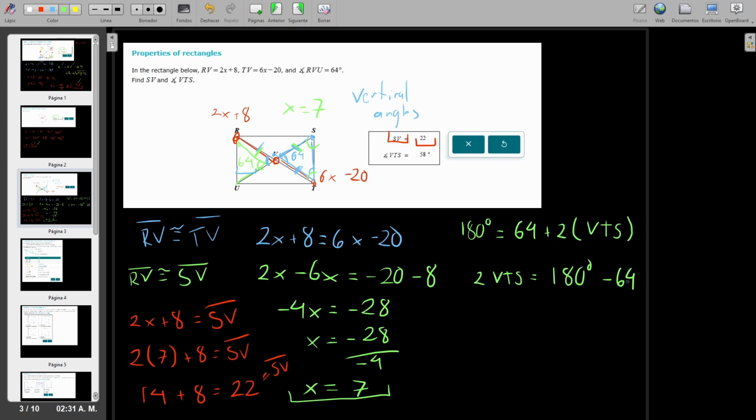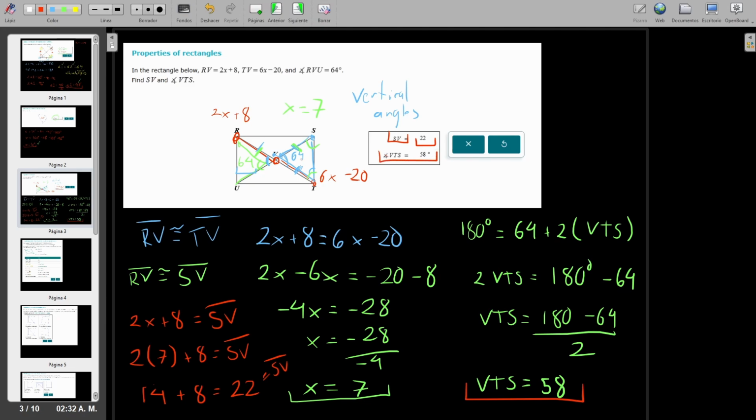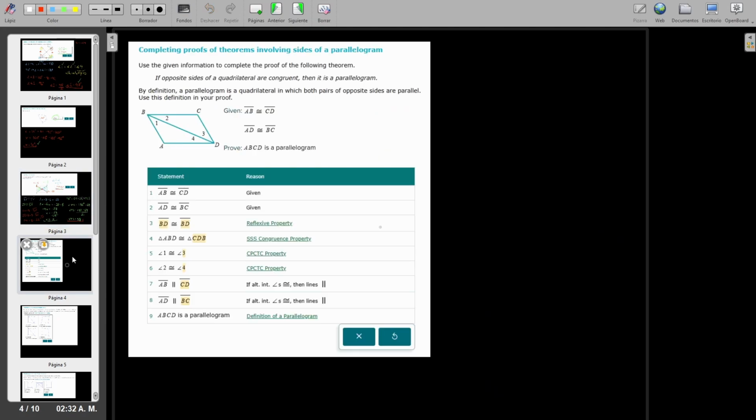Now it is going to be VTS equals 180 minus 64 over 2, and again we put this in our calculator, and that's correct, the angle of 58. And guess what? That is the correct answer. 58. Okay, to the next one.